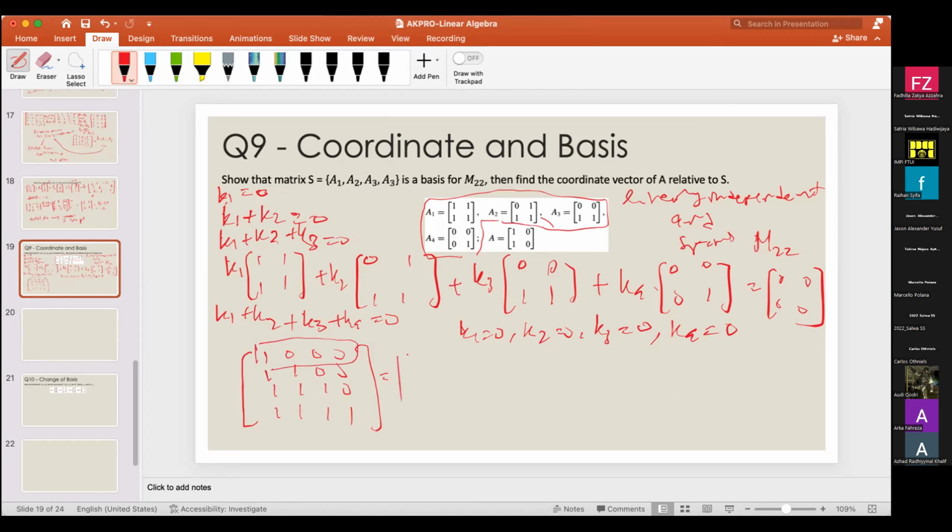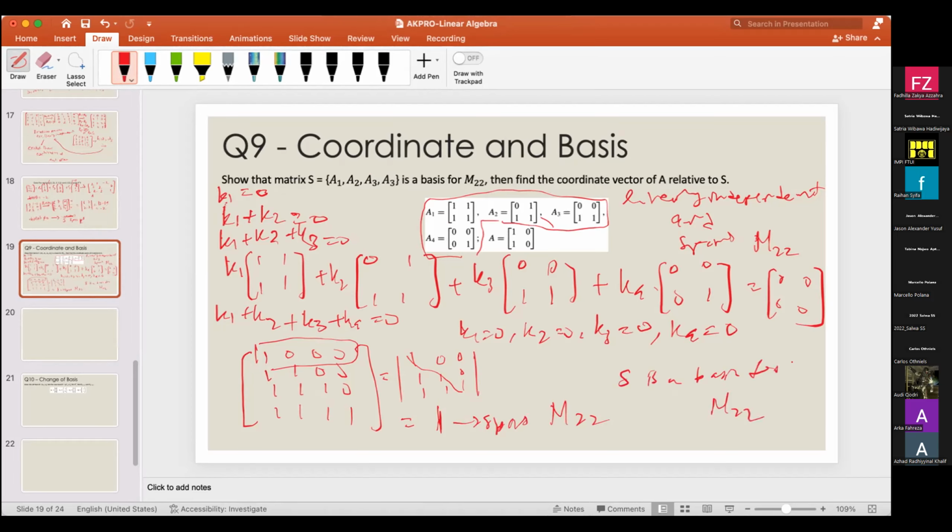That gives the 3 by 3 matrix 1, 1, 1, 0, 1, 1, 0, 0, 1, and because this is a diagonal matrix, the determinant is 1. Because the determinant is not equal to 0, it spans M22. So we've proven that this set S is a basis for M22.